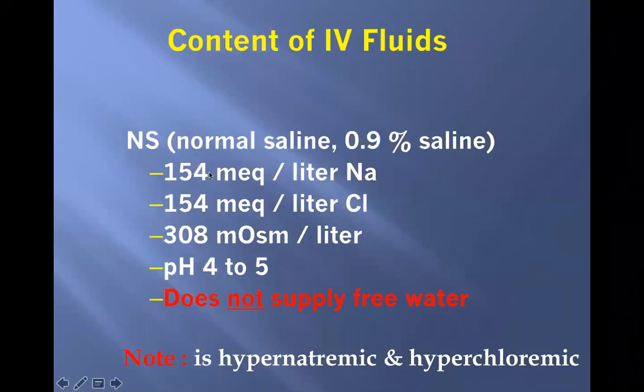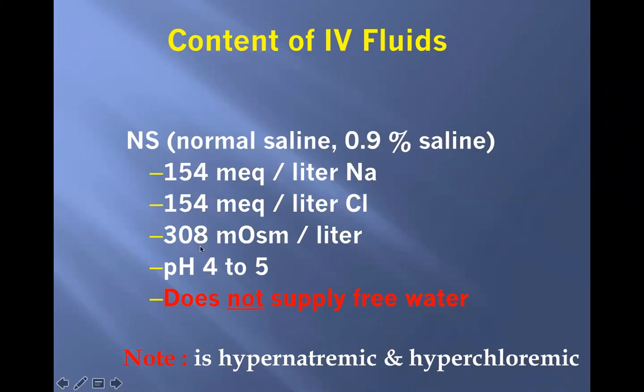What about normal saline, which is 0.9% saline? When we say normal saline, it means 0.9% sodium chloride within the fluid. The sodium concentration is 154 milliequivalent per liter, the chloride also 154 millimole per liter.